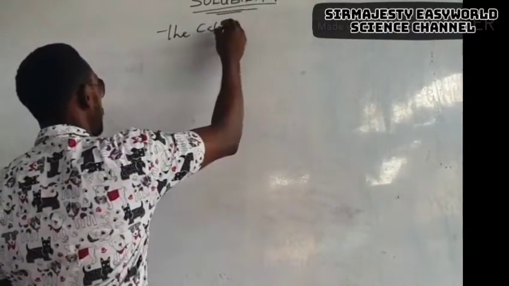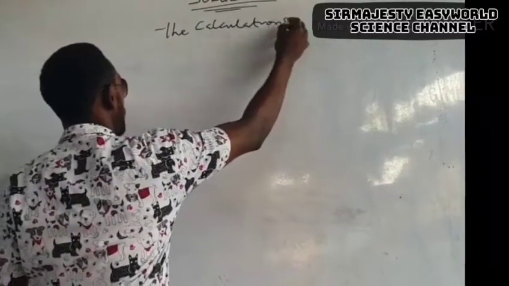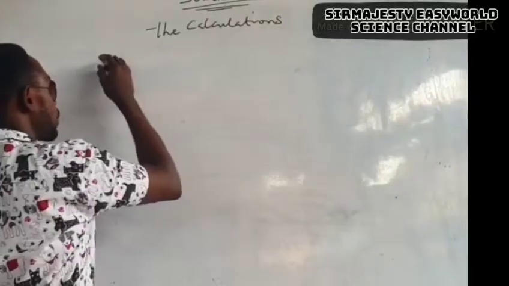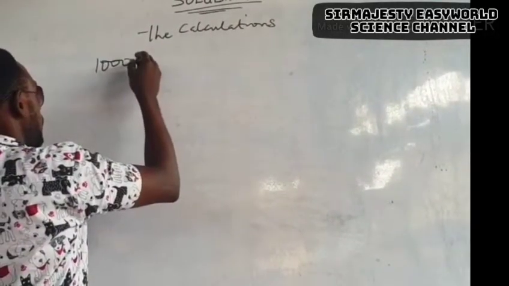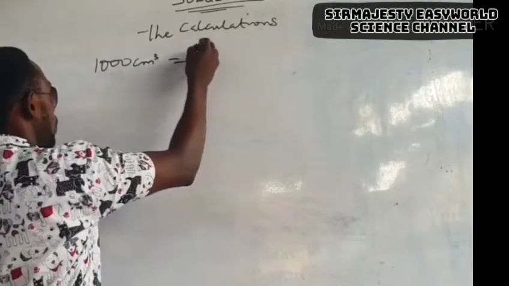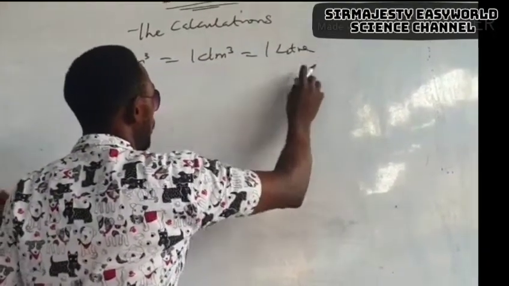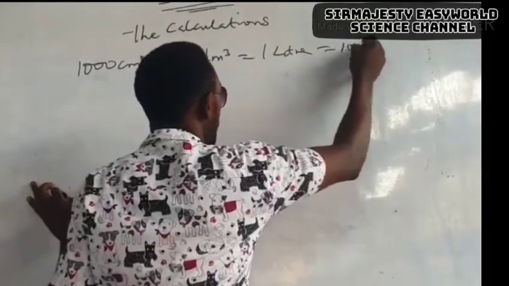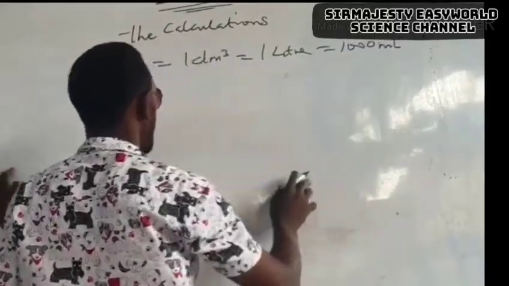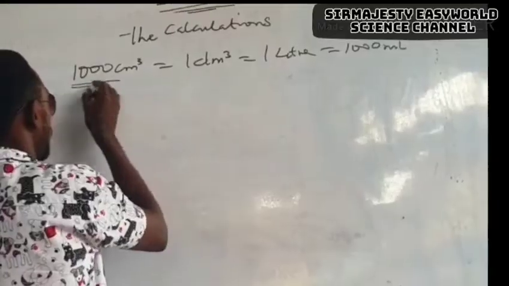Next, let us face the calculations. First, there are basic things you need to know here: 1000 cm3 is equal to 1 dm3, which is equal to 1 liter, which is also equal to 1000 milliliter. This is the standard volume.